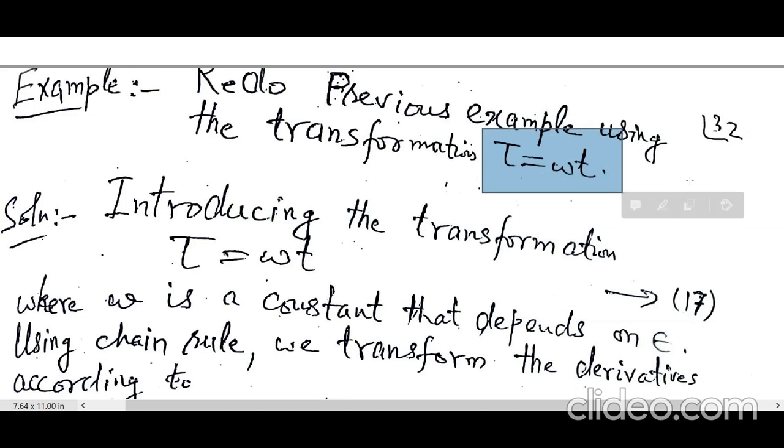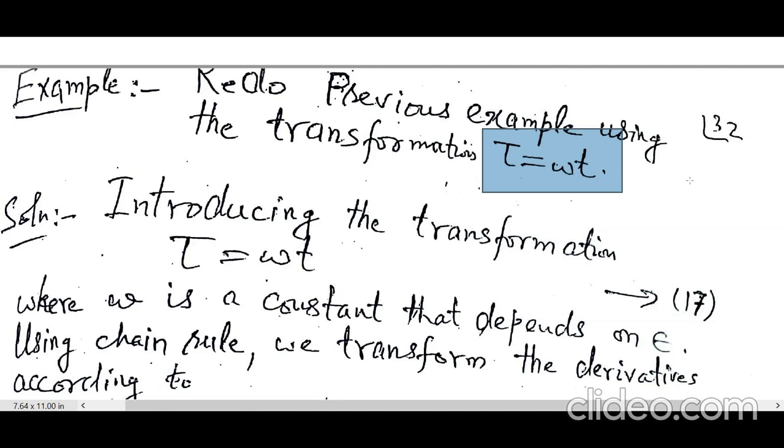In our previous lecture number 4, we used the time variable t is equal to s into omega, but this is another transformation, tau is equal to omega t, where we have to expand omega as well as the dependent variable u.